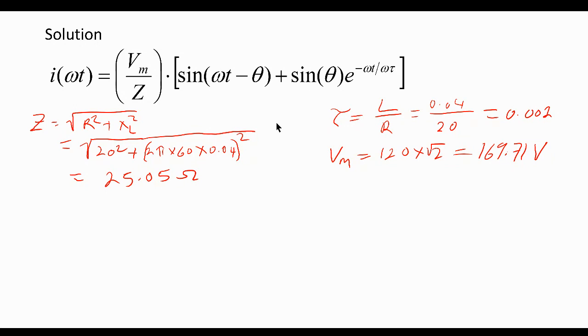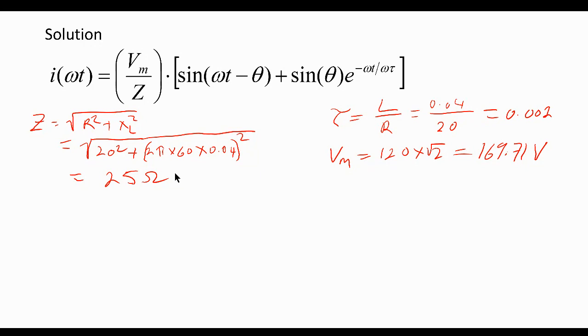I'm not getting 25 for the impedance, I'm getting 20. Sir, it's 25. Check it again. It's 20 squared plus 2 pi times 60 times 0.04 squared.